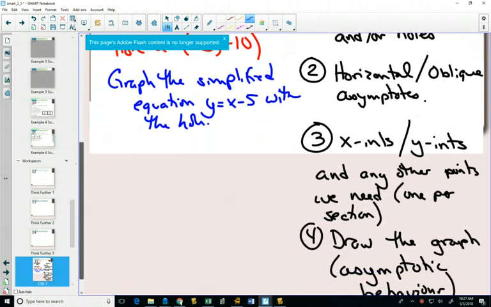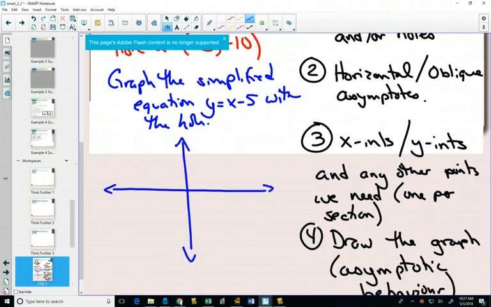That's a straight line. What do you know about that straight line? It has a hole, so we can, oops, that doesn't look like a very good hole. There we go. Label that hole negative 5, negative 10. But if I was graphing x minus 5, I would know that there's a y-intercept at negative 5.